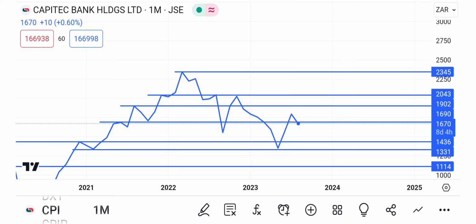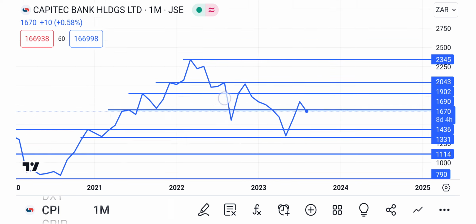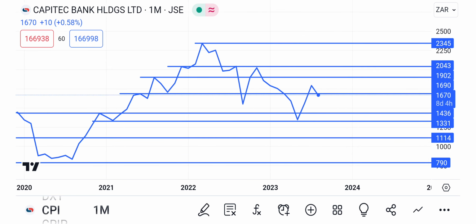That is where most of the people who bought from August 2020 made, I think, they tripled their money. They made plus 100% profit, from 812 to 2,345.